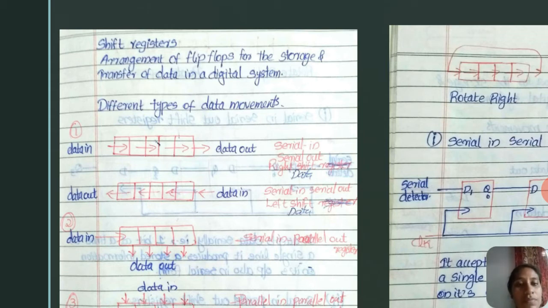Consider the second one. Here the serial data input is given to a flip flop and the output is taken in parallel. So this is serial in and parallel out data movement.